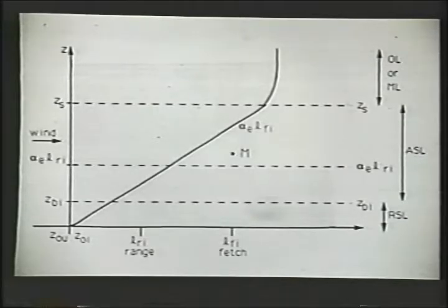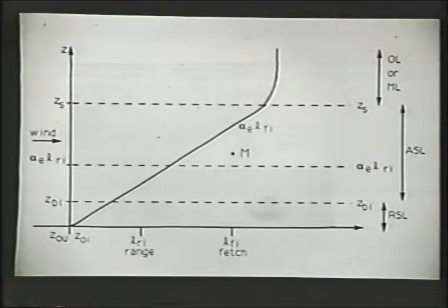At that level of variability, we have a range derived from the structure function, and then we have a fetch. What is the fetch? The fetch is the distance over which the air has traveled from the origin to the measuring point. And here it is. This is the measuring point.